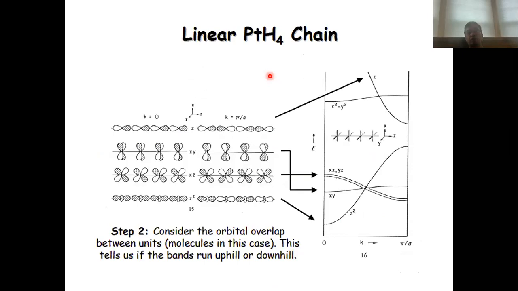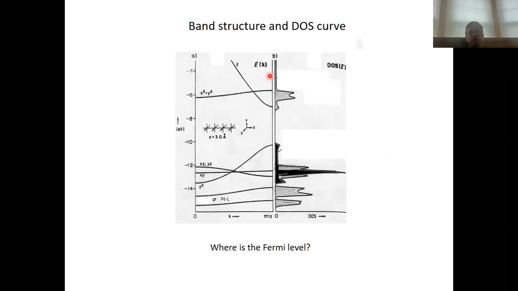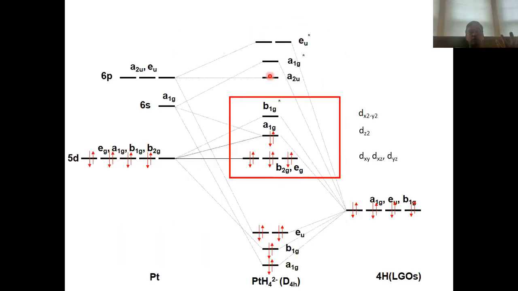Okay, so now we have to consider where our Fermi level is. Okay, and we can pretty easily determine this when we again look at our molecular orbital diagram.